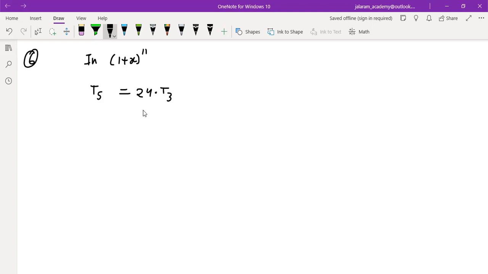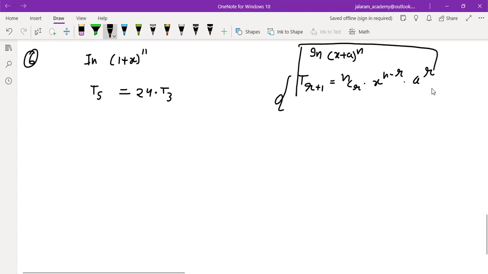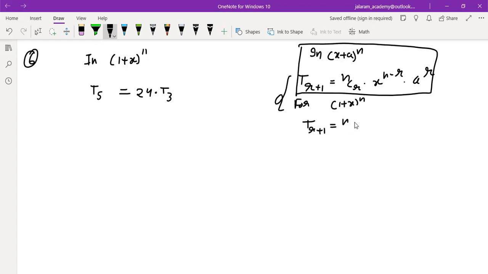This is done by the formula of the (r plus 1)th term, which is nCr into x to the power (n minus r) into a to the power r in the expansion of (x plus a) whole to the power n. And I have discussed one more formula for (1 plus x) whole to the power n. T(r plus 1) is given by nCr into, directly, x to the power r.